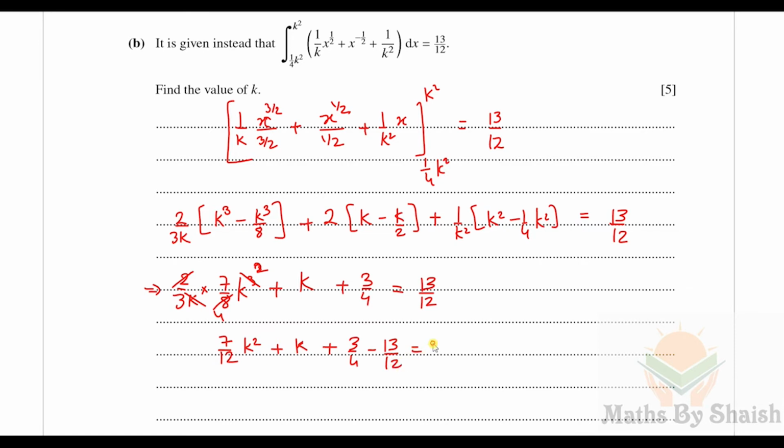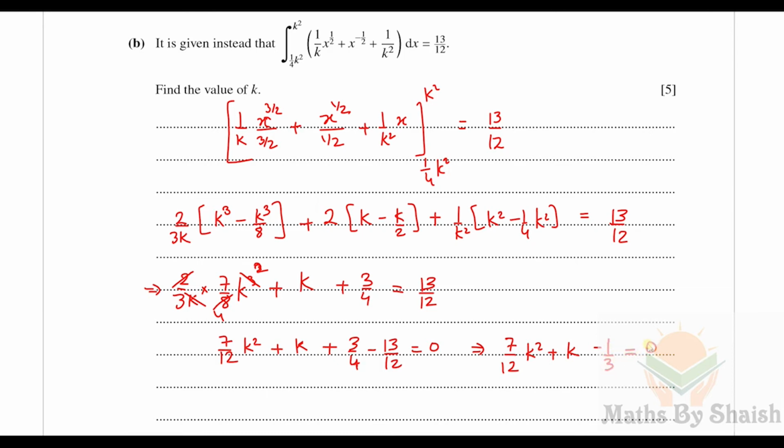We will get 7 by 12 k square plus k, and 3 3s are 9, so minus 4 by 12, which means minus 1 by 3, is equal to 0.